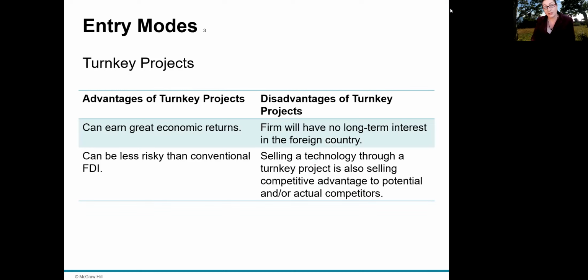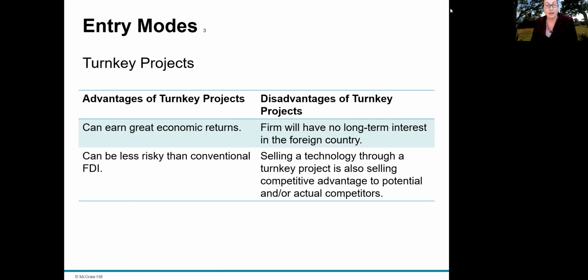Another option that we can consider is turnkey projects. And an advantage of a turnkey project is that this can earn great economic returns, and it can be less risky than foreign direct investment.